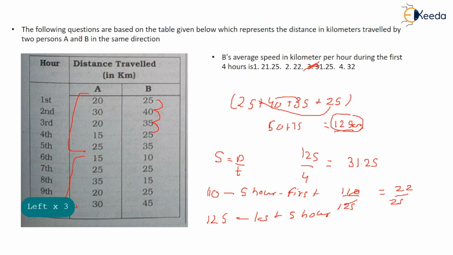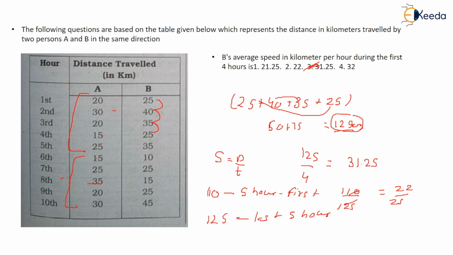Okay, so you can see that the distance till the 8th hour is what this tells you. So what you do, you will add those of B, right? And you will subtract it with A and find out what is the distance difference between both of them after 8 hours.